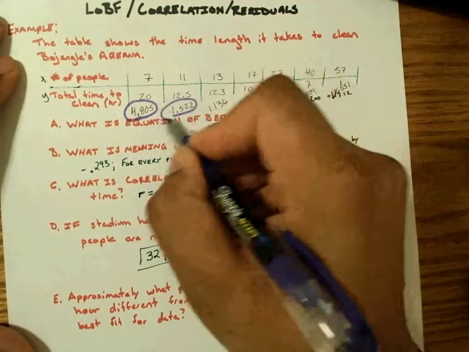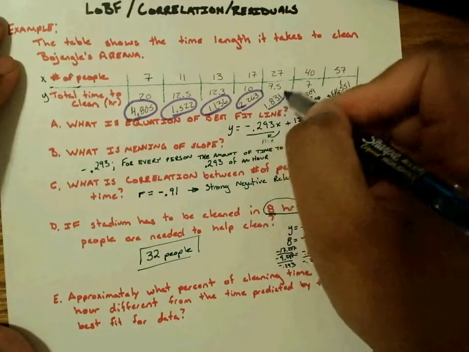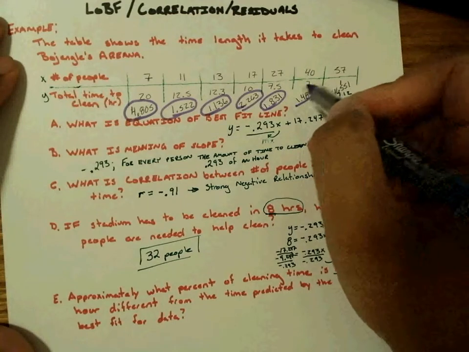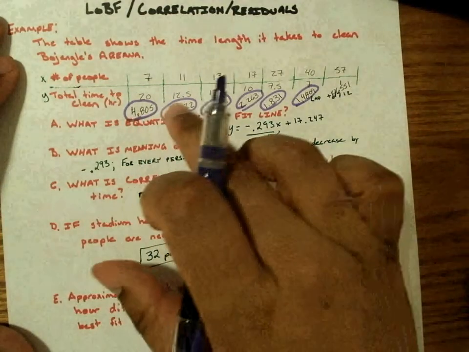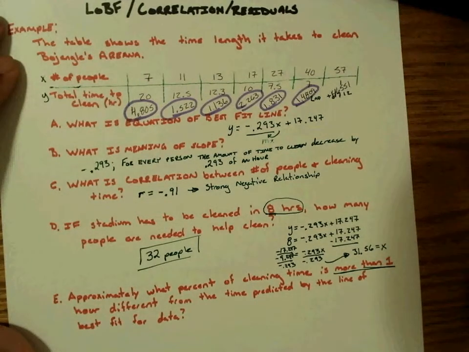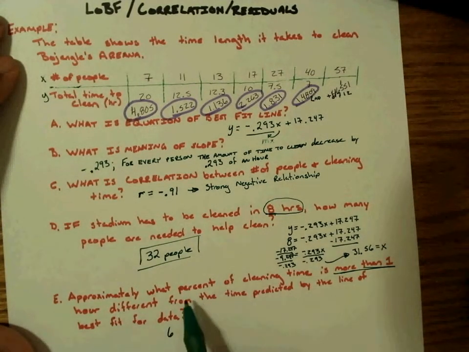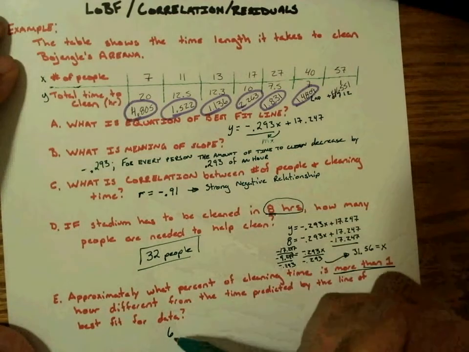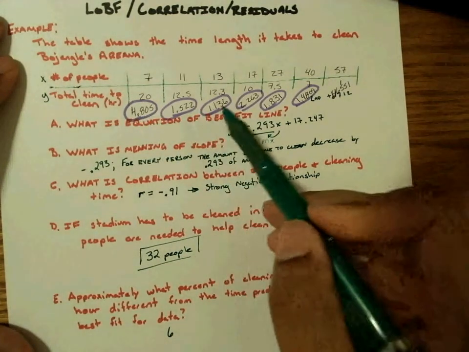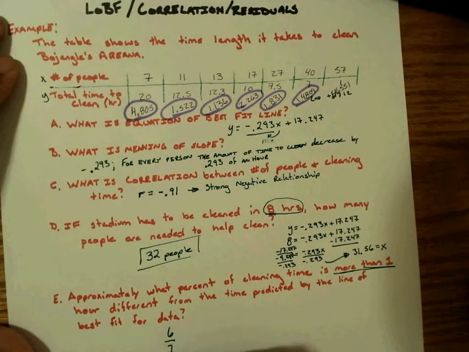So when I look at this, this is more than 1, this is more than 1, this is more than 1, this is more than 1, this is more than 1, this is more than 1. So we have 1, 2, 3, 4, 5, 6 of them that are more than 1. But we want to find the percent, so we have to figure out how many out of how many are more than 1. We already know 6 out of 1, 2, 3, 4, 5, 6, 7.